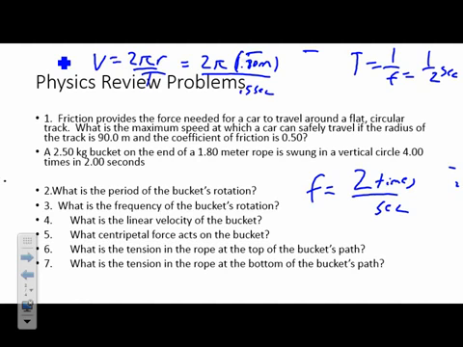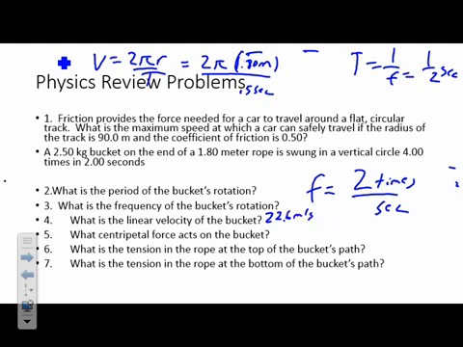So 1.8 times pi times 2 divided by 0.5. So we get a linear velocity of about 22.6. And actually, yeah, with 3 sig figs, 22.6 meters per second.